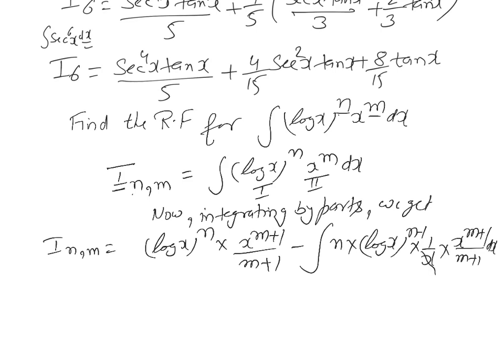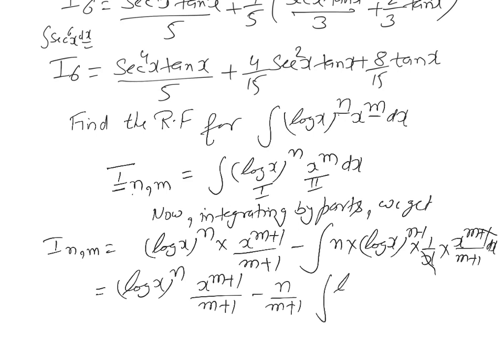This x will cancel from this power 1. Now in the next step, this is equal to log x raised to the power n times x raised to the power m plus 1 divided by m plus 1, minus n divided by m plus 1. Constants are out of the integral sign. Log x raised to the power n minus 1 times x raised to the power m dx.